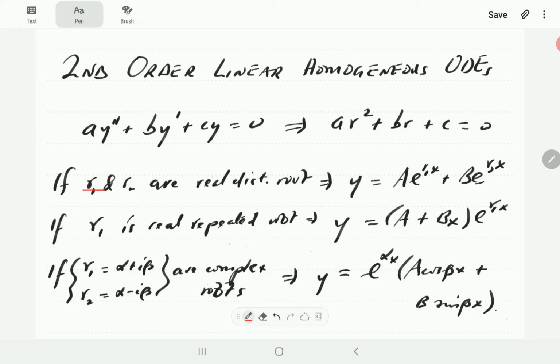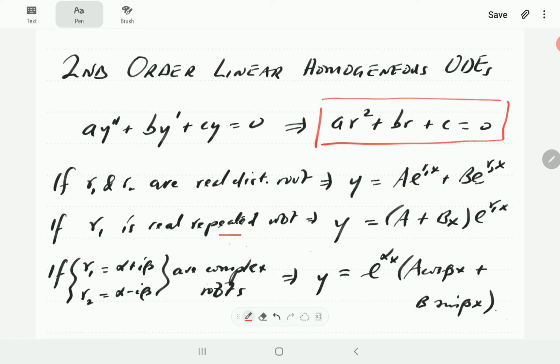Then if r1 and r2 are real distinct roots of this equation, the general solution is going to be given by A e to the r1x plus B e to the r2x, where A and B are arbitrary constants.